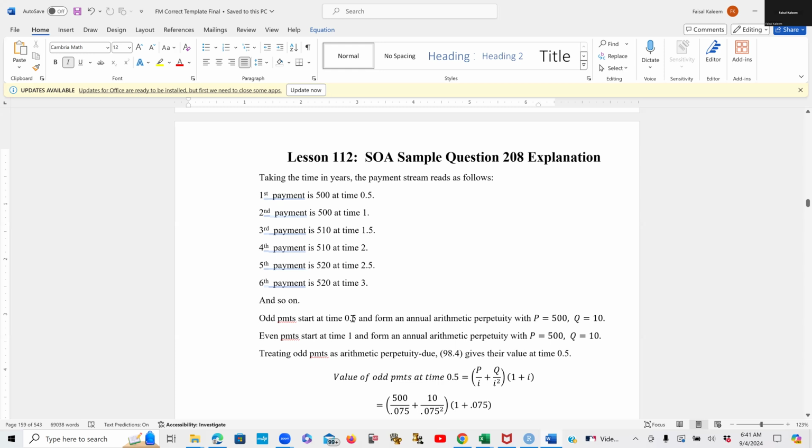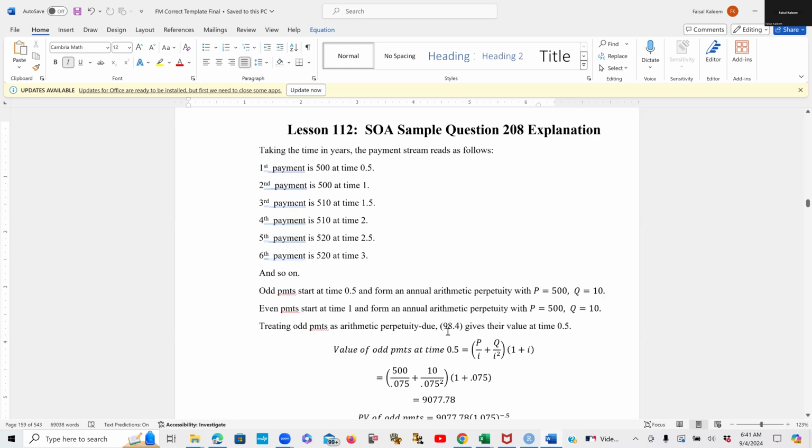The first odd payment is happening at time 0.5. So if we use the formula for perpetuity due, we get the value of the odd payments at the time of the first payment, that is at time 0.5. The formula is P over I plus Q over I squared times 1 plus I. The odd payments have the first payment as 500 and the common difference as 10: 500, 510, 520, and so on.